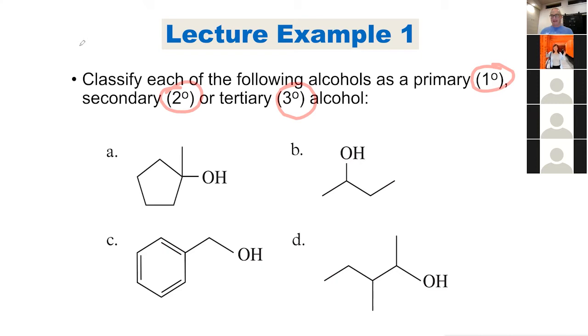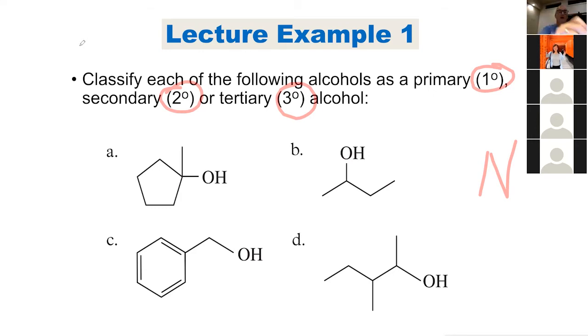Right, that's exactly it. It's different from amines. Amines are basically just a nitrogen, and we determine whether it's primary, secondary, tertiary, or quaternary by how many carbons it's attached to. If it's attached to 1, then it's primary, 2, secondary, and so on.